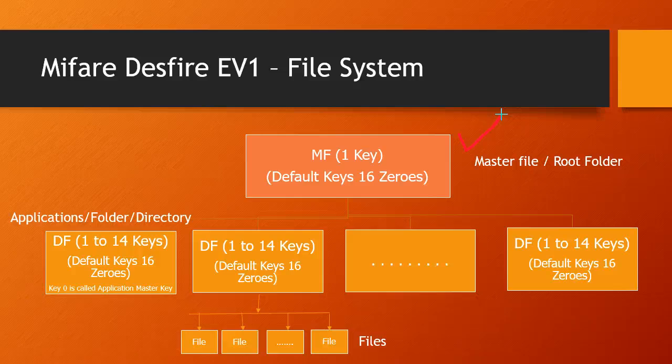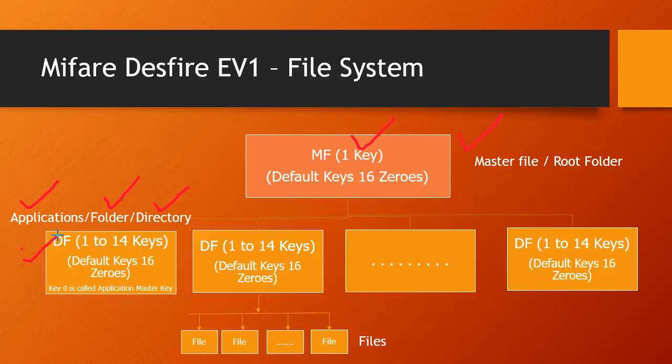There's only one key in the master file, and under this there are many subfolders, or you can call them applications, directories or folders, and each of these folders can have a maximum of 14 keys. The minimum is 1 and the maximum is 14.